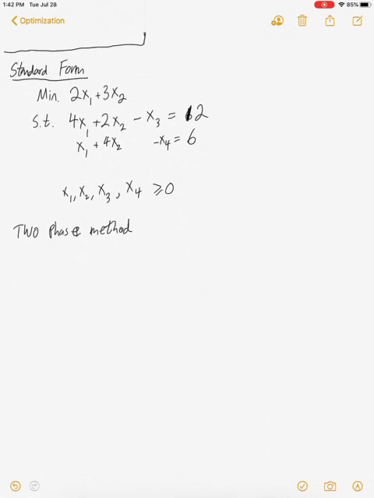Okay, so the idea of the two-phase method is to introduce two new variables, x5 and x6 in this case. So we have one new variable for each equality constraint.